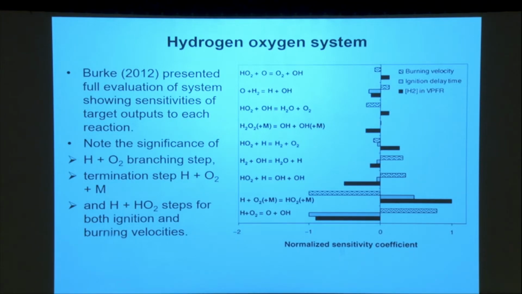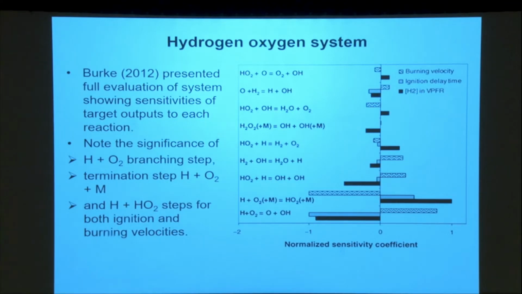All of those targets are sensitive to the main chain branching reaction, H plus O2. All of them are sensitive to the main termination reaction, H plus O2 plus M. And then we've got smaller sensitivities to the other reactions that vary between the different targets. HO2 plus something is an important step.